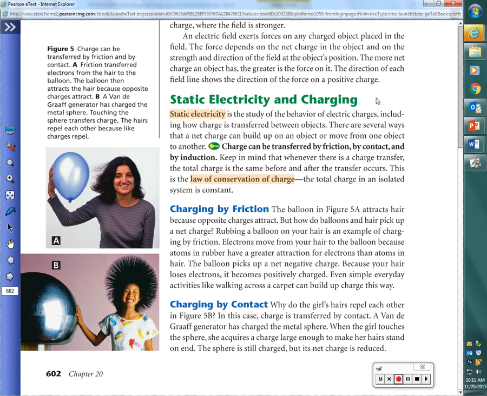To refresh our memories as far as what these different types of charging are, I would like you to read that section. It's this paragraph at the beginning, charging by friction, charging by contact, and then up at the top of page 603, charging by induction. So let's read those four paragraphs. We'll come back and discuss together. Go.